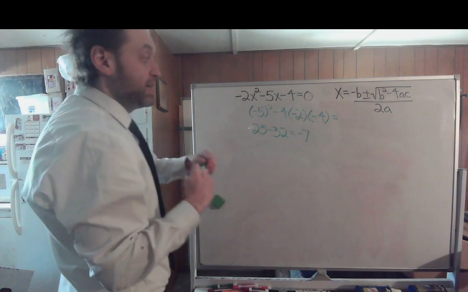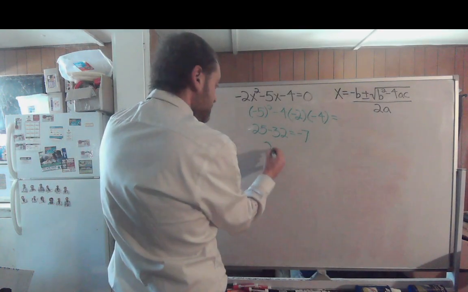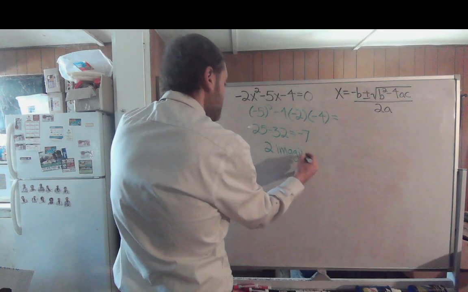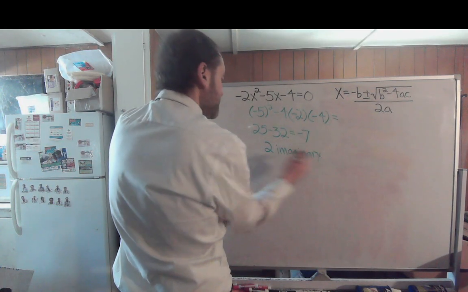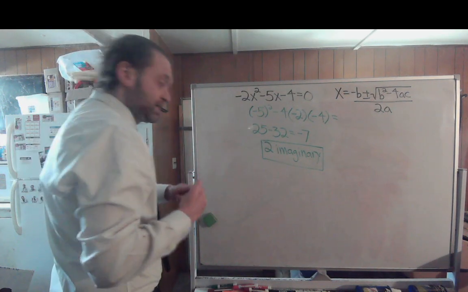Well, your discriminant in this case is less than 0. You'd have the square root of a negative number, so you would have two imaginary solutions. So the nature of the solutions in this case is you'll end up getting two imaginary solutions.